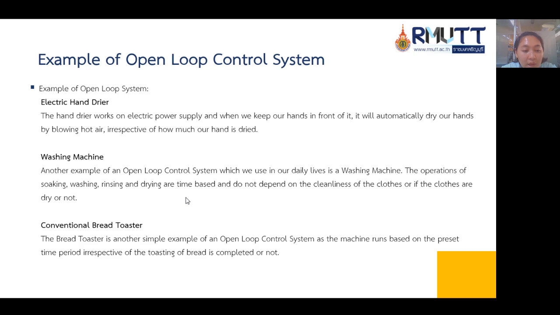Another example of an open loop control system which we use in our daily life is a washing machine. The operations of soaking, washing, rinsing, and drying are time-based and do not depend on the cleanliness of the clothes or whether the clothes are dry or not.